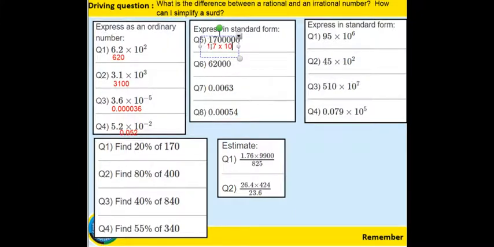Remember this number here can be equal to 1 or greater than 1 and has to be less than 10. 6.2 multiplied by 10 to the power of 1, 2, 3, 4. 6.3 multiplied by 10 to the power of, okay, now this is going to be a negative power because this number is less than 1. 1, 2, 3. Now the negative power here, 5.4 multiplied by 10 to the power of negative 4.